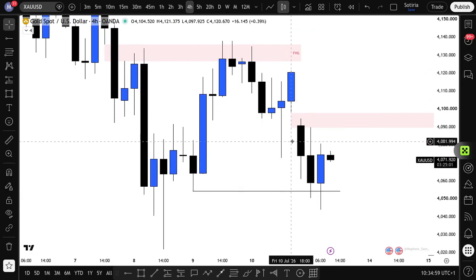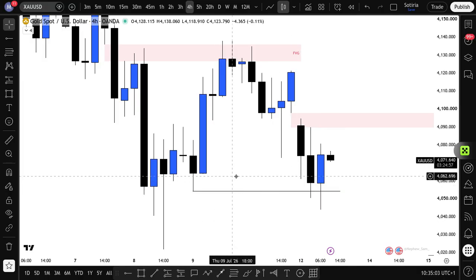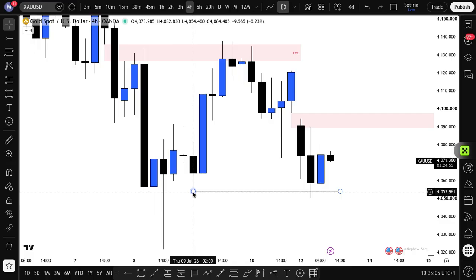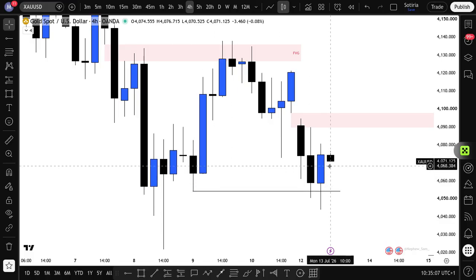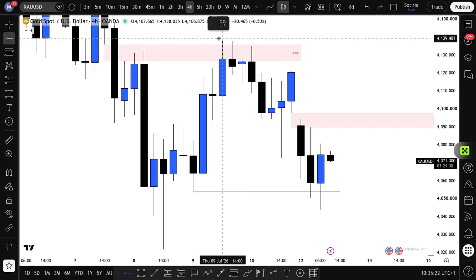Now we can see here we have a sweep of this low following our daily order block. Price swept this low perfectly, but our confirmation is not complete. I want to see a second bullish candle close above this one, and if that presents itself, then I'll be looking for a buy from here to the top right here. So this is what I have for gold right now.